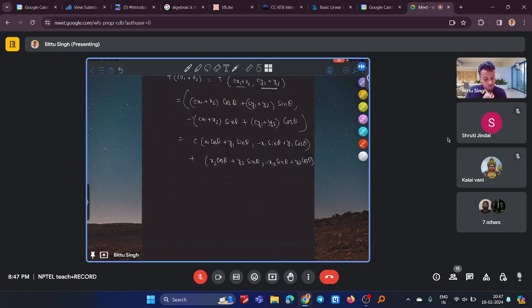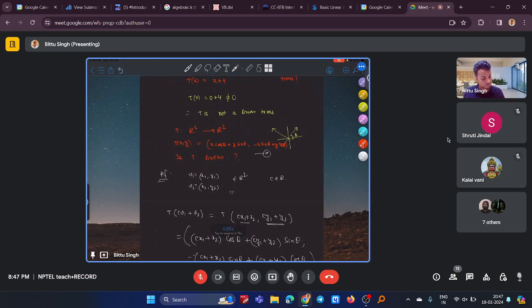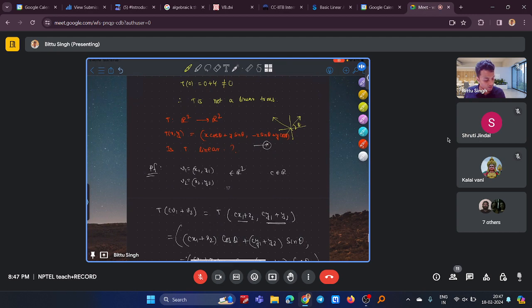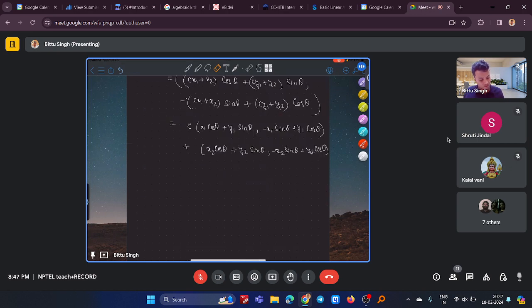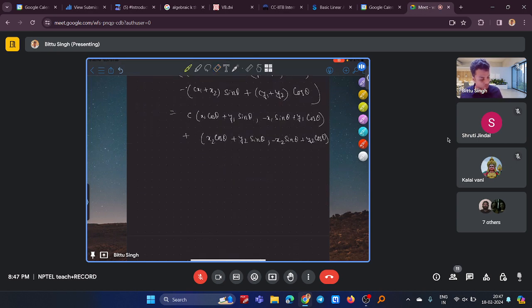Instead of just rotation, you can write this explicitly as A times (x, y), where T maps from R2 to R2.